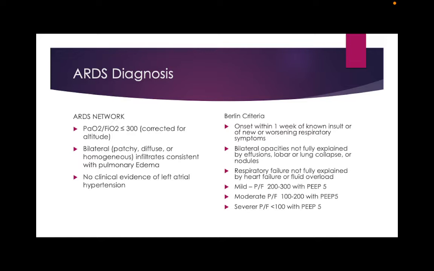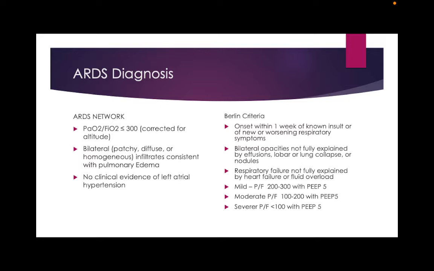So if this guy was on an FiO2 of 0.9 or 90%, and his PO2 was 70, what would be his PF ratio? PO2 of 70, FiO2 of 0.9. What does that make his PF ratio?